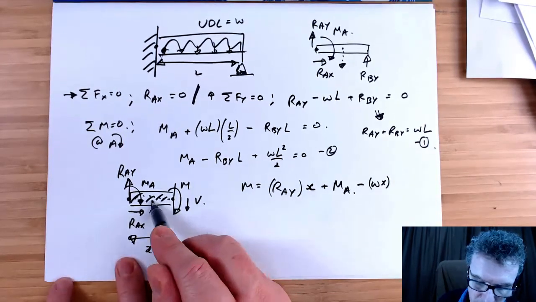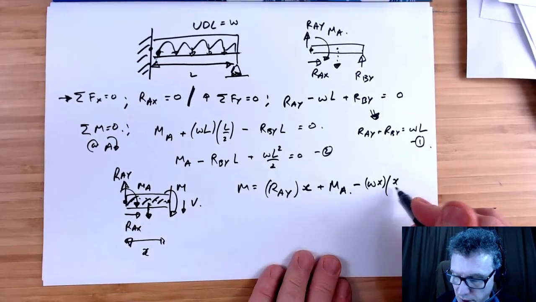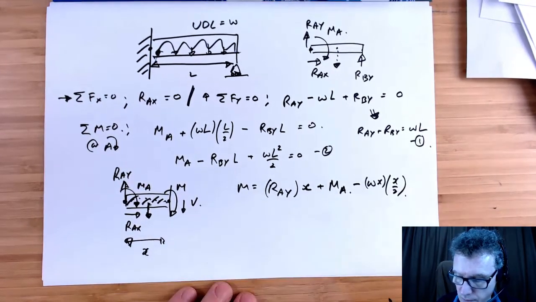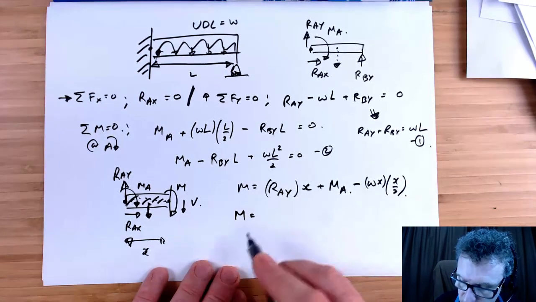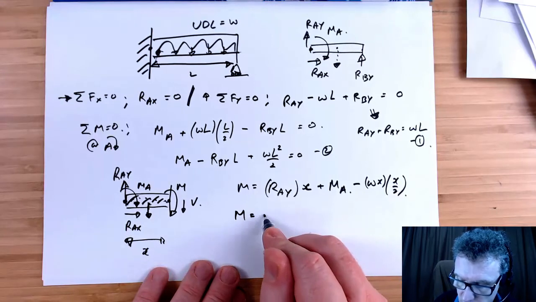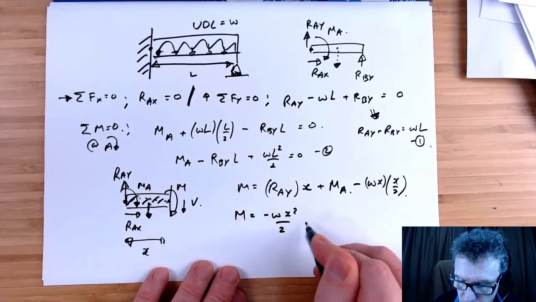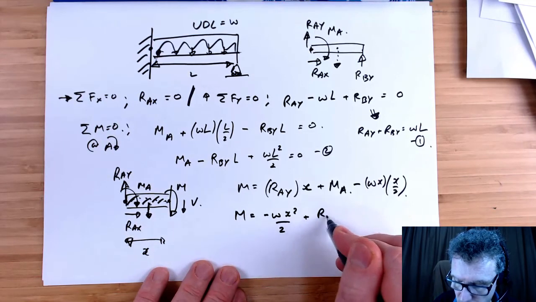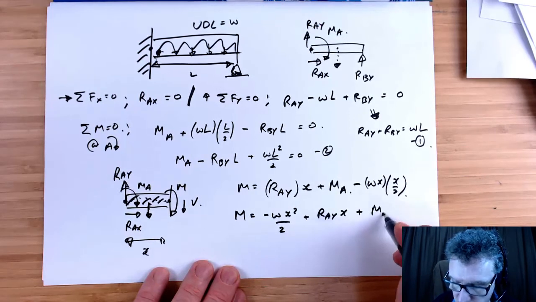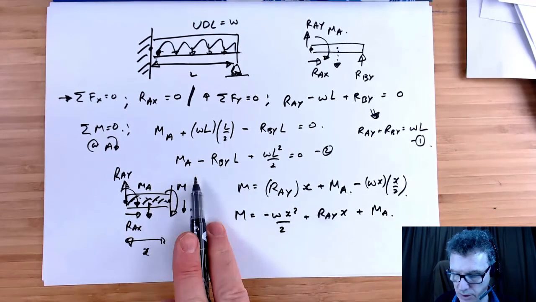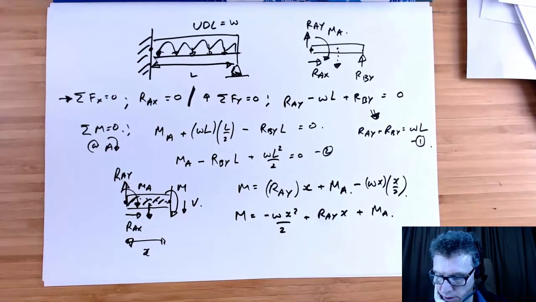What's the distance from here to here? Well, it's half of x, so that's x over 2. So let's tidy this up. So we've got M equals minus little w x squared over 2 plus RAY x plus the MA term. So I could use that. Don't think it really helps me. It's just a constant.